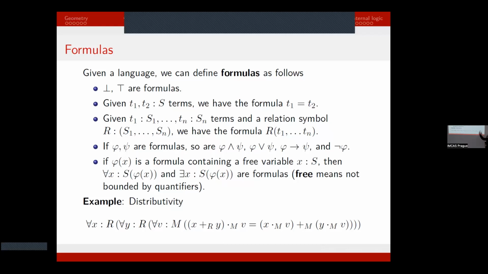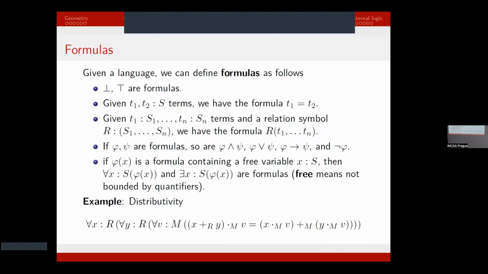Having done this, we now take a formula that contains x as a free variable, which I'll explain at the end of this sentence. Free variable x of type S, then also these two are formulas, and I read them: for every x of type S, phi of x. And at this point, in this formula, x will not be free anymore. So what does free mean? Free means that it's not bound by a universal or existential quantifier.